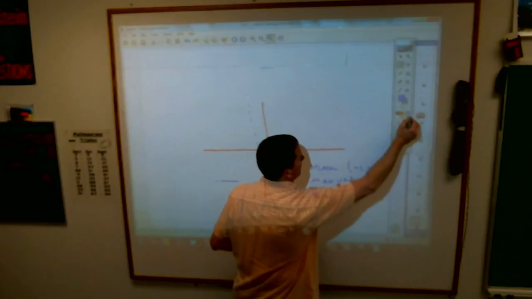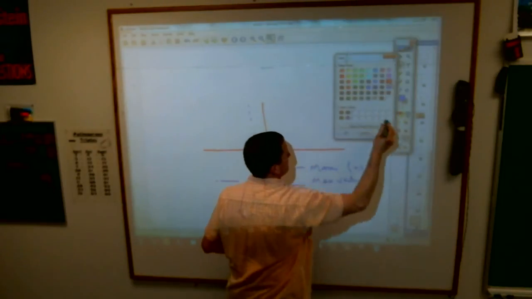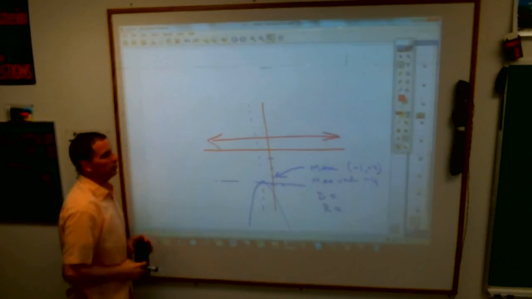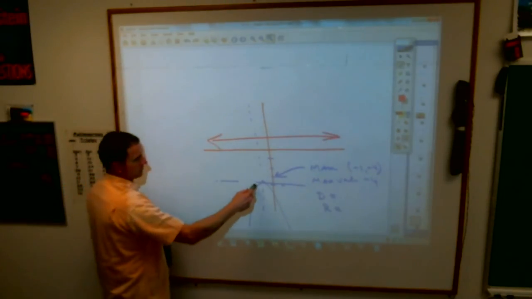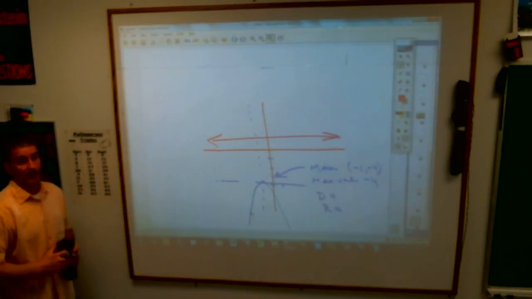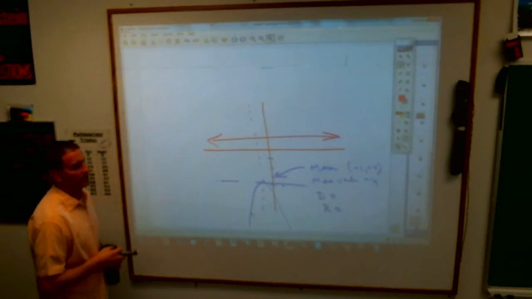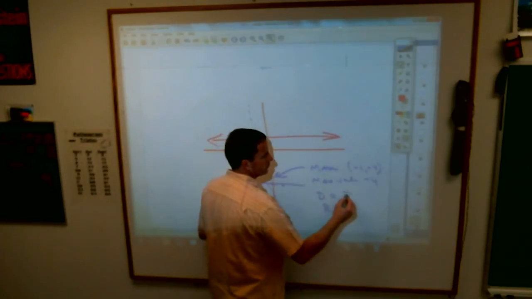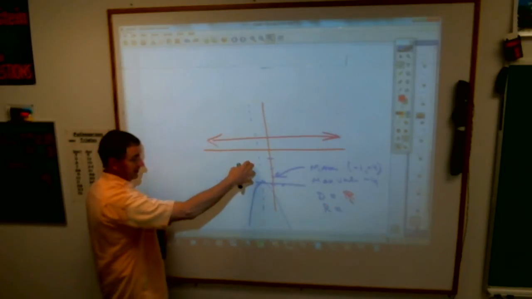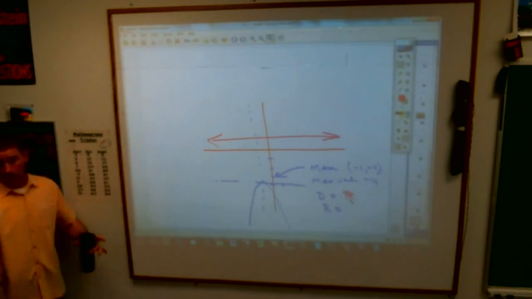The domain is what values can x be? Going this way and this way, what can you get for x? If x keeps going forever, that parabola goes, what is my domain for x? Somebody? Maggie? Yeah, it's all real numbers, because it goes forever that direction. You can get anything for x, because that parabola is going on forever.